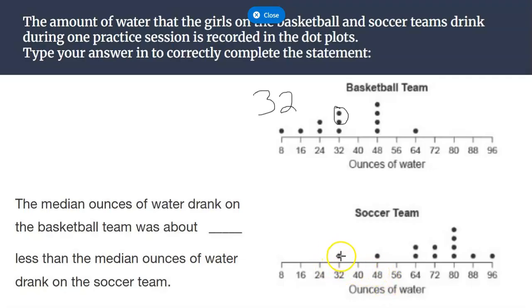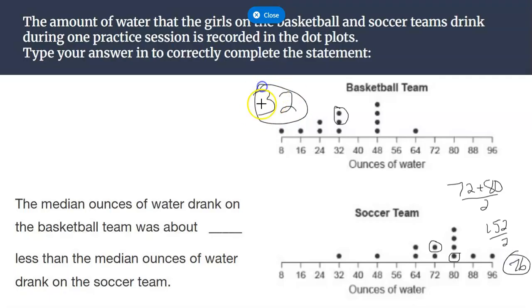And then we'll do the 6th and 7th over here. 1, 2, 3, 4, 5, 6. Here's the 6th and here's the 7th. All right, so that's 72 plus 80, and then we want to divide that by 2. 152 divided by 2 is 76 for our median.